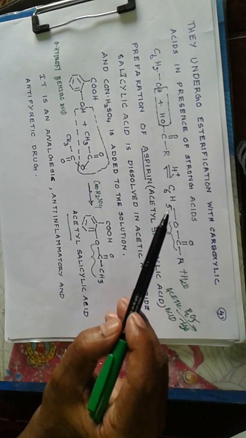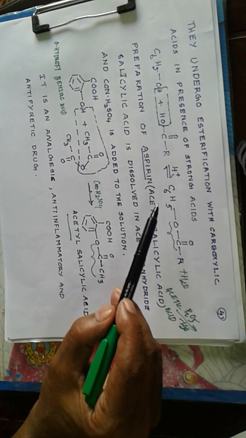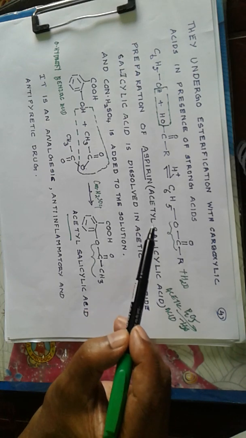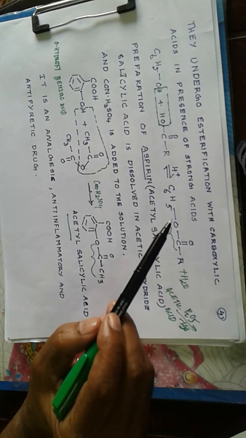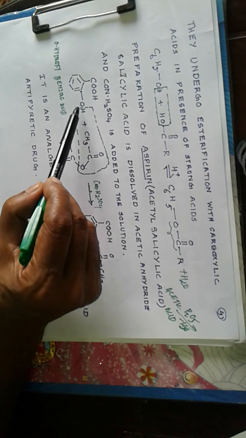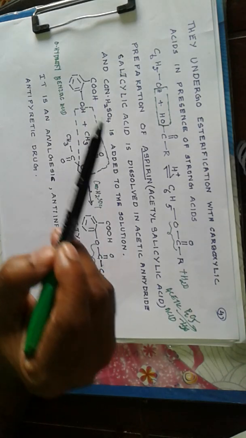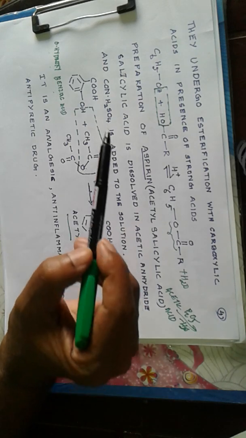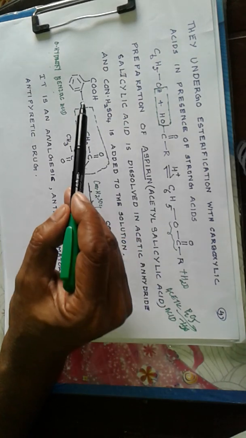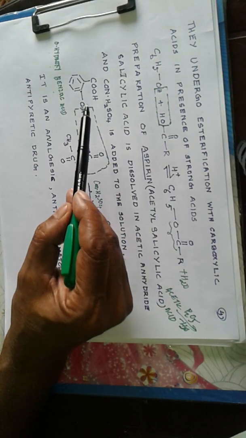Now there is the preparation of aspirin, that is acetyl salicylic acid, and salicylic acid is orthohydroxybenzoic acid. Now what is done is orthohydroxybenzoic acid or salicylic acid is dissolved in acetic anhydride, which is a liquid.